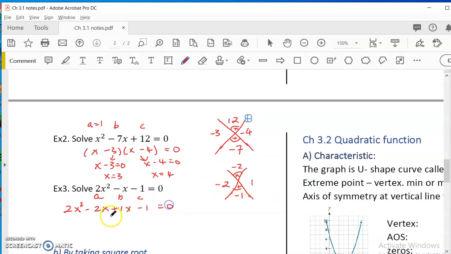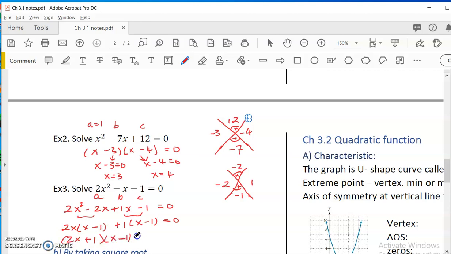So you have to do an extra step for grouping if A is not 1. The common factor for the first group is 2x. And when you factor out 2x, you get x minus 1. The second group doesn't have any common factor, so 1 is the common factor, giving x minus 1. So both of them have x minus 1, and it becomes 2x plus 1 times x minus 1.